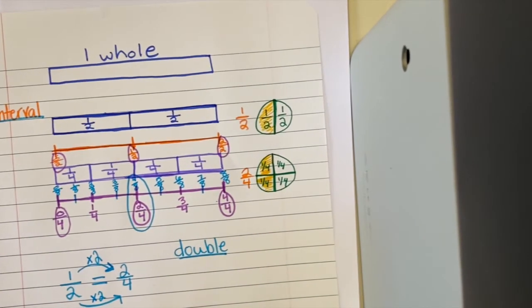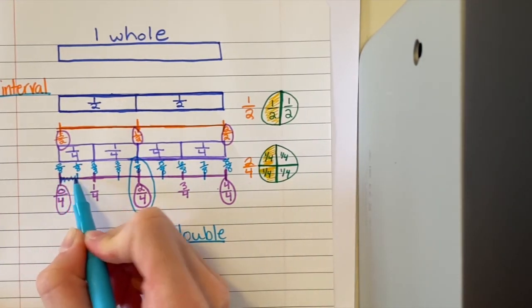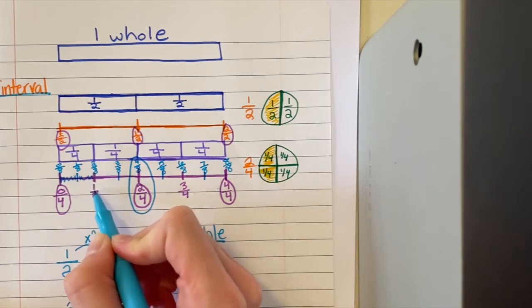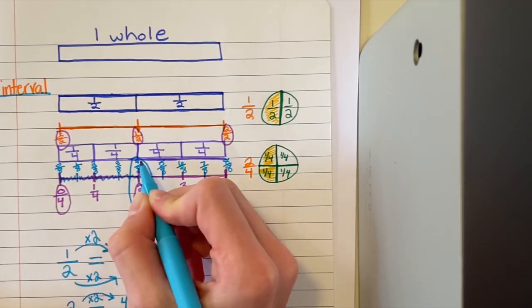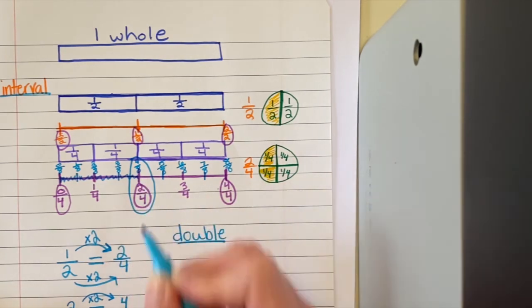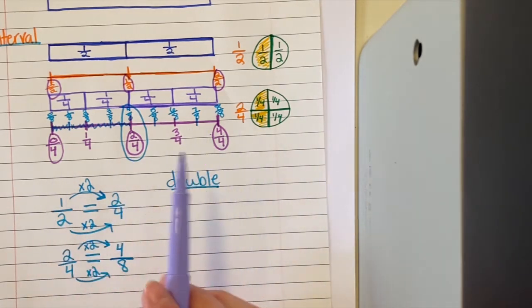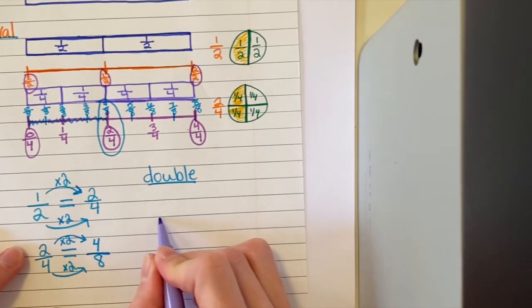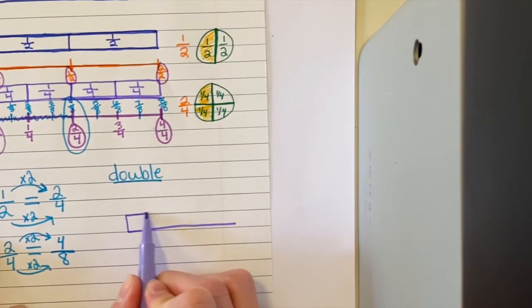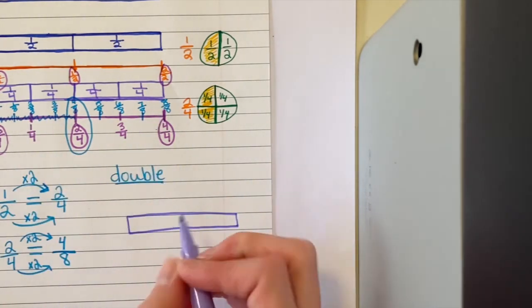I'm going to zoom in just a little bit. That's 1 eighth, 2 eighths. 2 eighths make 1 fourth. 3 eighths, 4 eighths. 4 eighths make 2 fourths. And just to continue showing eighths, we just showed it on the number line. So let's go ahead and show it on a fraction strip. On a fraction strip, again, you use those same lines.